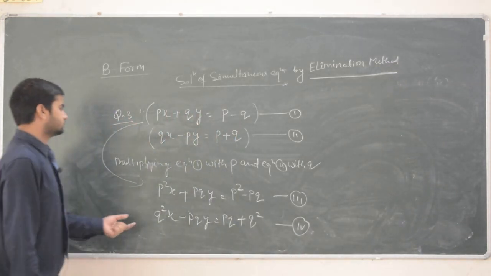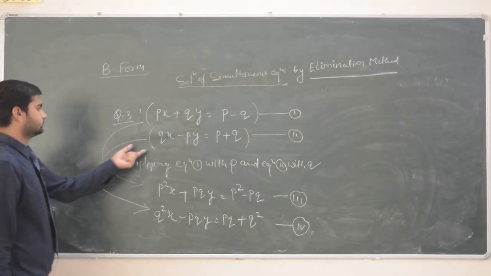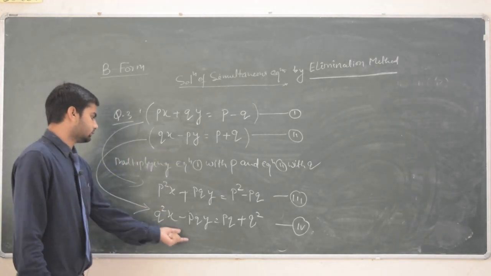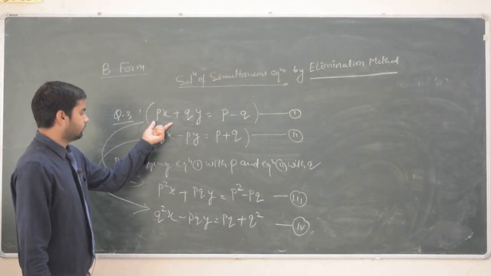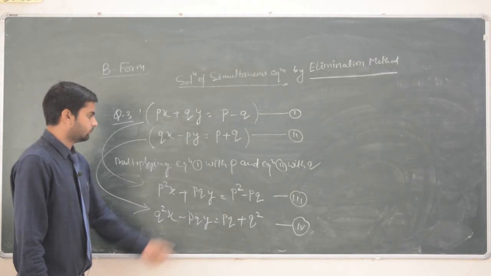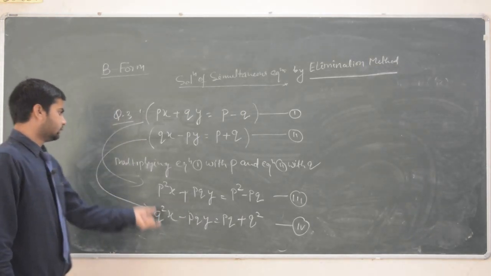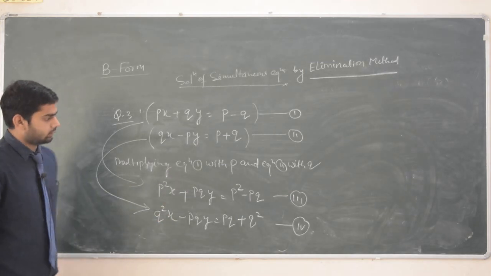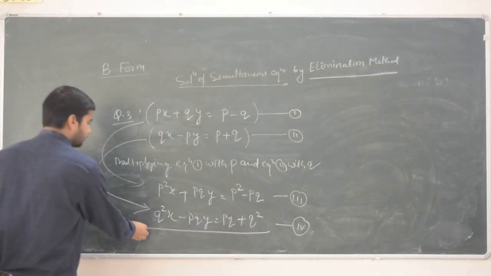Equation 4 is nothing but the transformed equation of equation 2. When we multiplied equation 2 with q we got equation 4, and when we multiplied equation 1 with p we got equation 3. So we transformed equations 1 and 2 into a useful form, equation 3 and equation 4. Now adding equation 3 and equation 4.